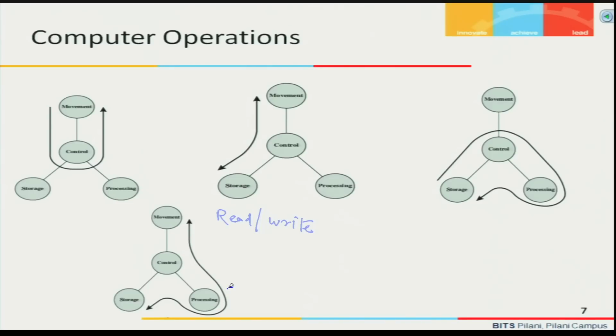After doing the processing, the result will be stored in the memory. Or vice versa, read the data from the storage, do the processing, and the result can be displayed on the output device. So these are the four basic operations.